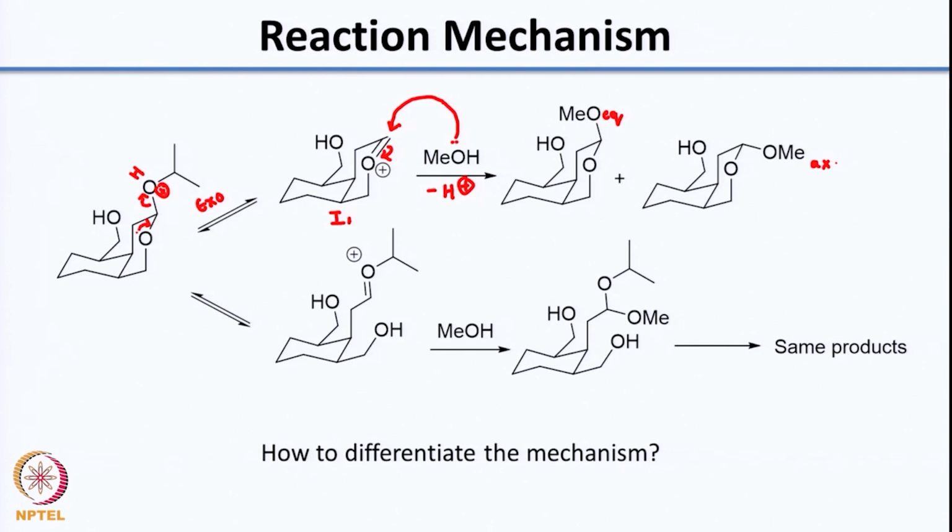Alright. So now let us look at the endocyclic pathway. In the endocyclic pathway, now the flow of electrons would be the opposite. So you would have these electrons come here, maybe I can draw it again so that it is easier for you to see.